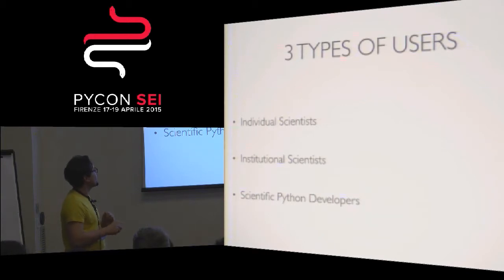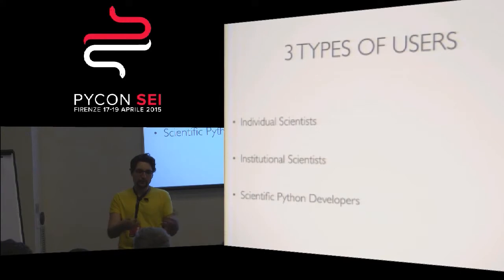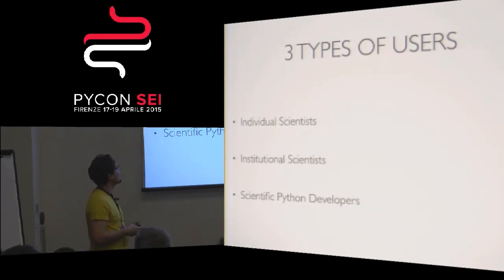The institutional scientists, instead, are the scientists who develop code belonging to a shared code base, for instance for a big project, and the development goes with many people. It's not he or she on his or her own. So the developers in this category have some constraints related to the fact that other people are working on the same code base.